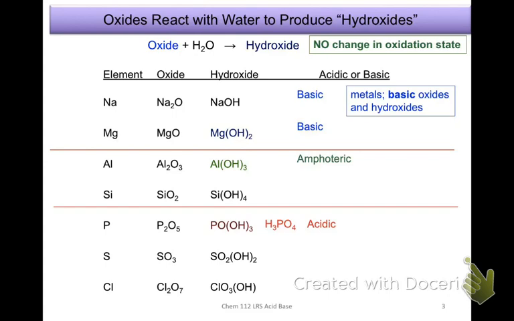The first one is really H3PO4. The second is H2SO4. And the last one is HClO4. These are all nonmetals. And the general trend is that if you put a nonmetal oxide into an aqueous solution, you form a hydroxide. That's an acidic solution. In general, then, we're breaking a different bond. So let's look a little bit more at that.